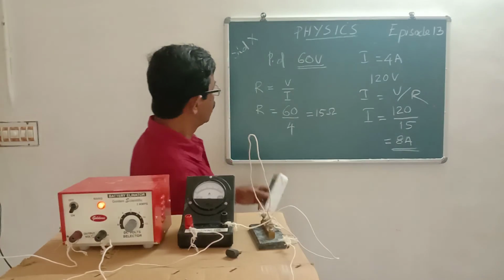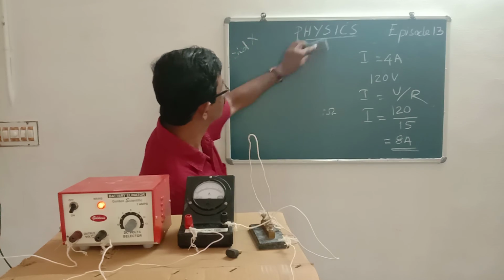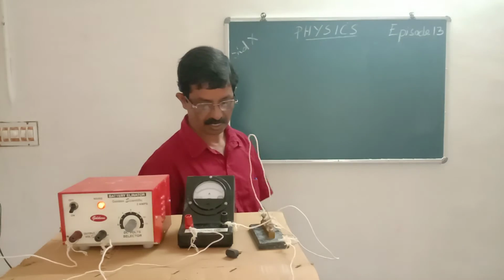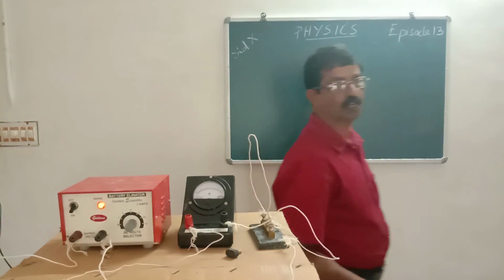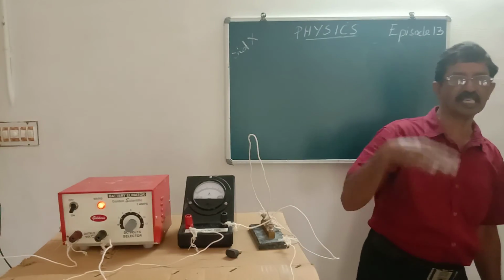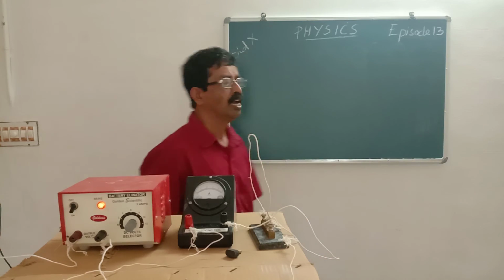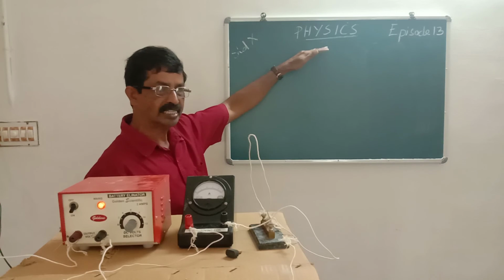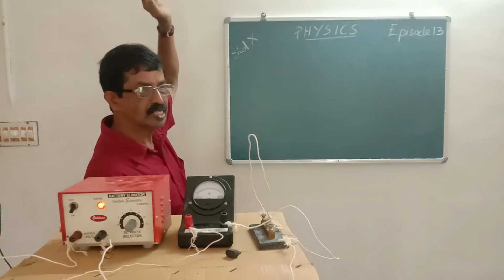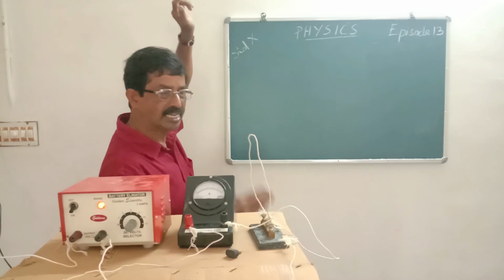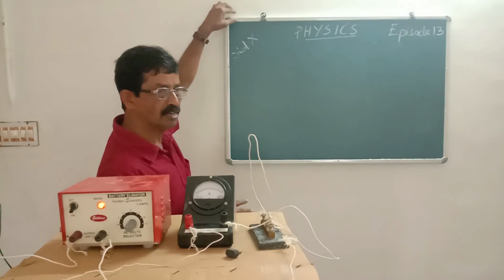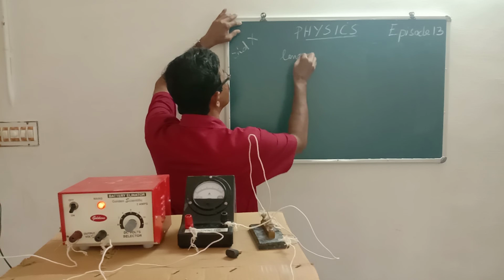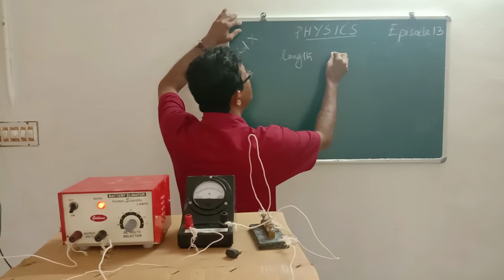Okay. Now, today we discussed what Ohm's law actually is, which we discussed earlier in class, and its graph, factors affecting resistance, good conductors, bad conductors. Which are the factors that affect the resistance? First, length.